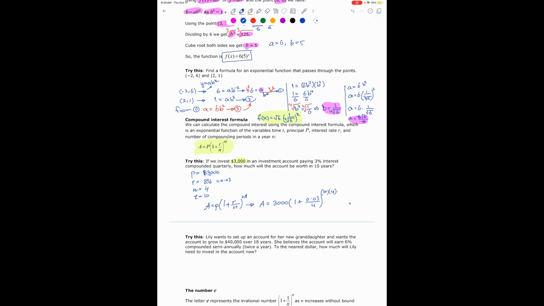Working according to PEMDAS, first you're going to find the division, you're going to add the 1 to the division, then you're going to raise it to 40, and then eventually you're going to multiply with the 3,000.